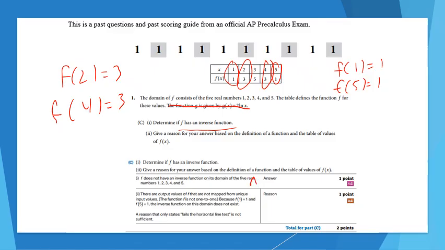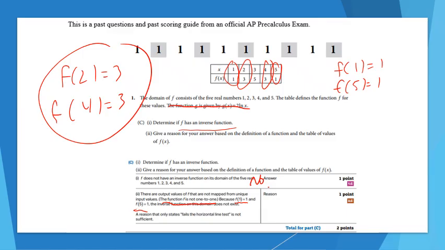For part 1, all you would have to say is just no. That's fine. And then for part 2, give a reason for your answer. Here you would want to say there are output values that are not mapped from unique input values, or you can say the function f is not one-to-one. And then you would want to give those specific points, which says because f of -1 equals 1 and f of 5 equals 1. You could have swapped those out with those 2 points. That would have been okay.